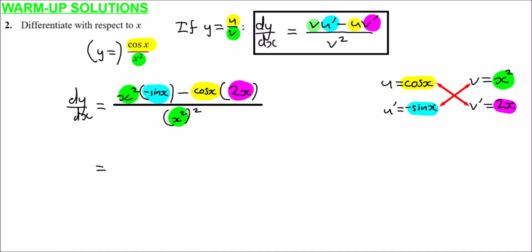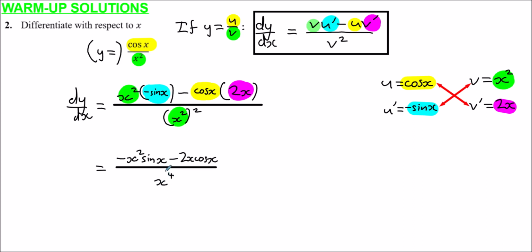So taking what we have here, and I would suggest we expand out, we're going to have x squared sine x minus 2x cosine x, all divided by x to the power 4. Now, because x is common with both terms in the numerator and x is only in the denominator, we can actually simplify by dividing through by x.